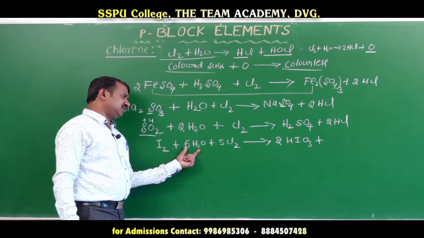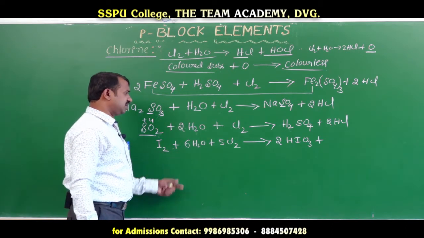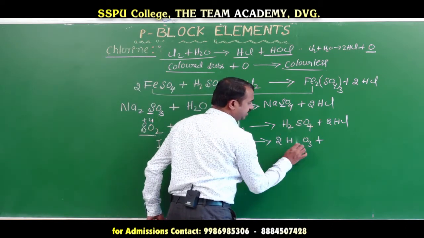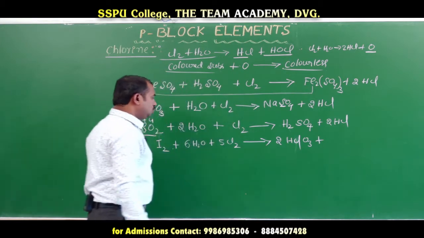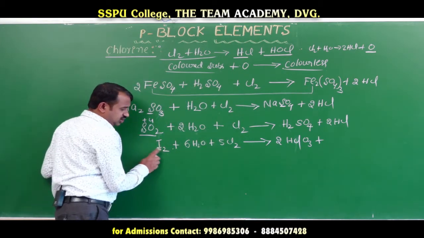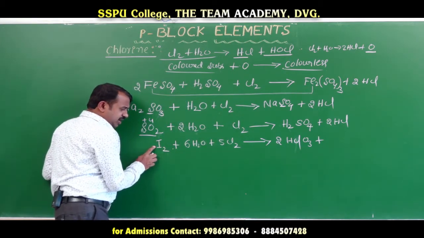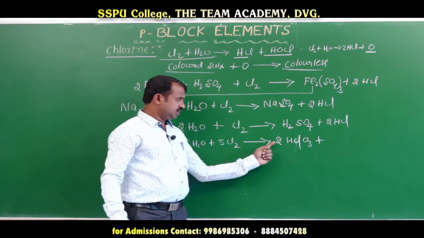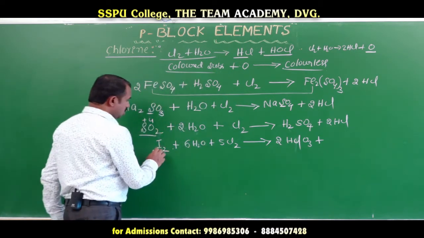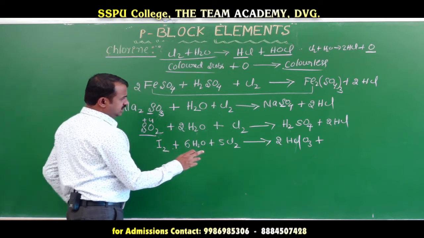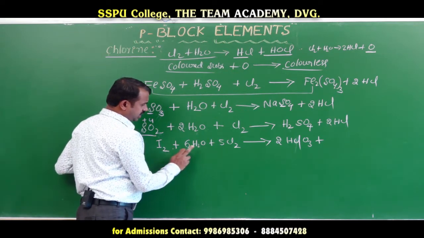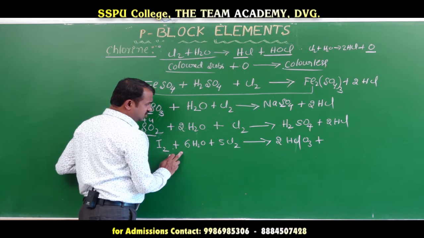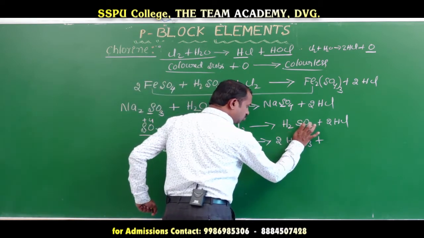There are 2 iodines, so 2 molecules of HIO3.